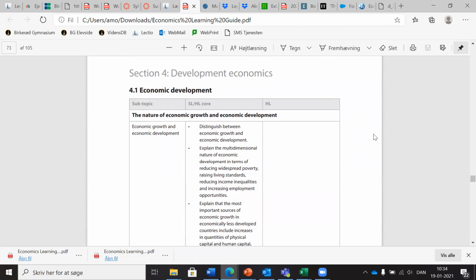Really, for diagrams, you need to know how things like FDI, more investment, aid, etc. should shift the PPC curve outwards. So you should drive some sort of long-term growth. But also in the short term, what do things like an increase in FDI or an increase in aid do? Well, it impacts the aggregate supply and aggregate demand.